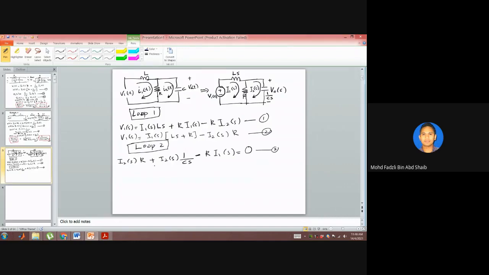So we need to rearrange. Minus I1S times R plus I2S times R plus 1 over CS equal 0.